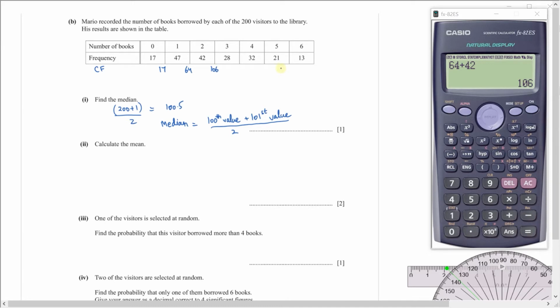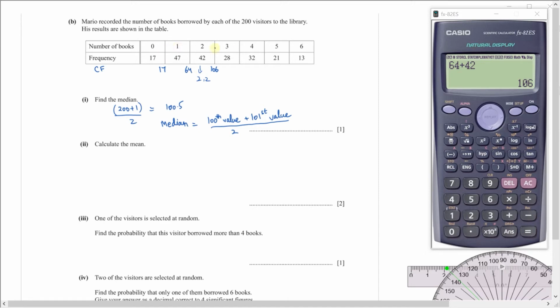So we don't need to calculate any further because our 100th and 101st value are already here. So when you count the number of people who borrowed 0 books, there are 17. And then if you add the number of people who borrowed 1 book, you end up with 64 total people. So that means your 100th and 101st value is here, which are both 2s.